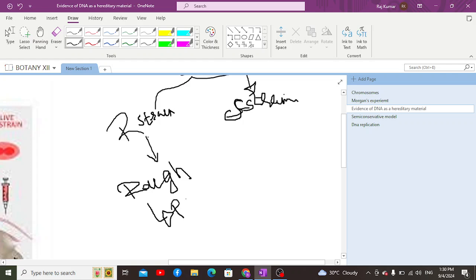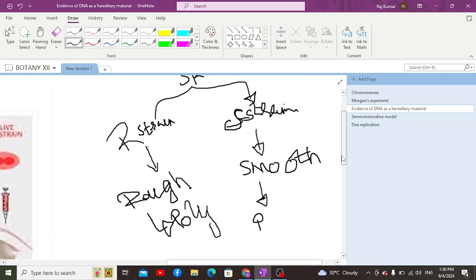Due to the lack of polysaccharide coat, this strain was known as the R strain. While the S strain is the opposite, where the polysaccharide coat is present, and that coat gives the S strain Streptococcus pneumoniae a smooth appearance.